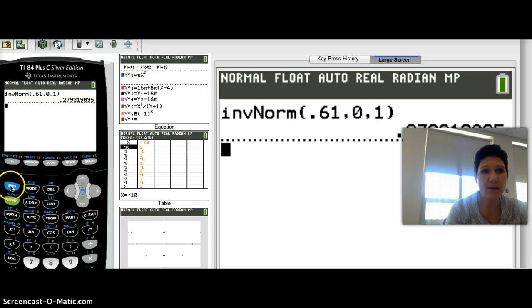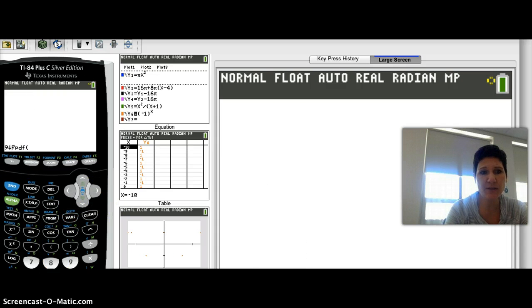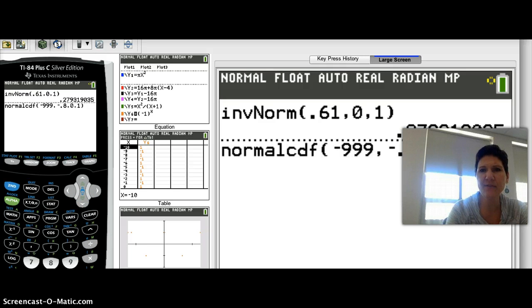So I'm going to hit my second distribute, and number 2 is my option, and I'm going to type in negative 999, enter. My upper is negative 0.8. Scroll down, paste it in there, hit enter, and it would be 21%.